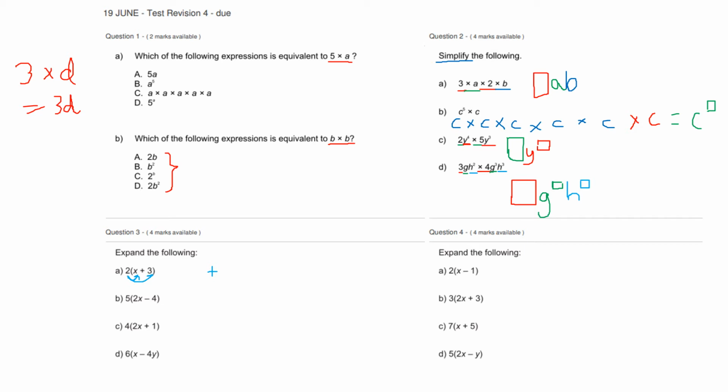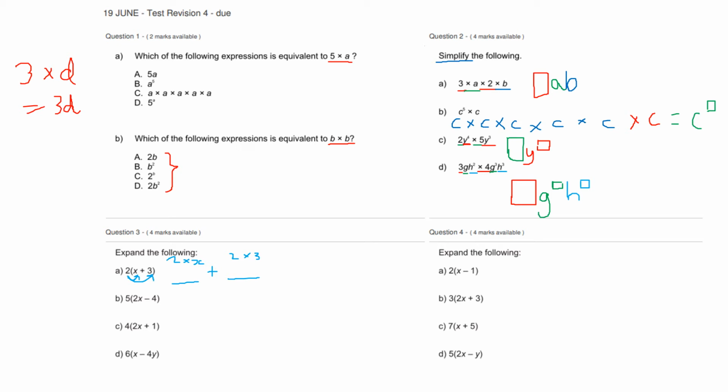Okay, so you're going to do 2 times x, write it down, plus 2 times 3. Okay, so 2 times x is going to go there. And this one is going to be 2 times 3. You can do the same for every question.